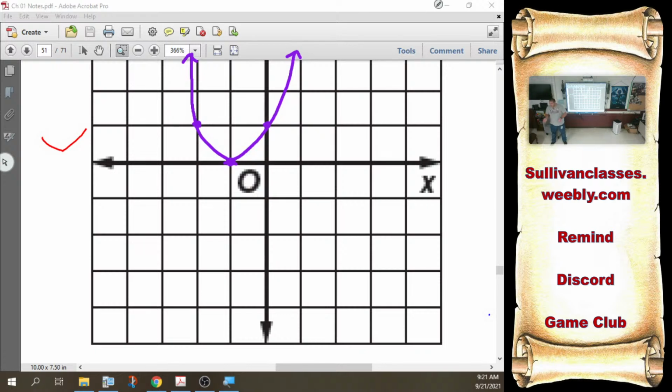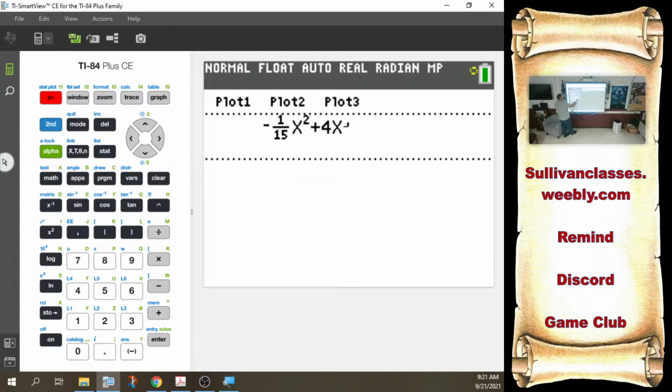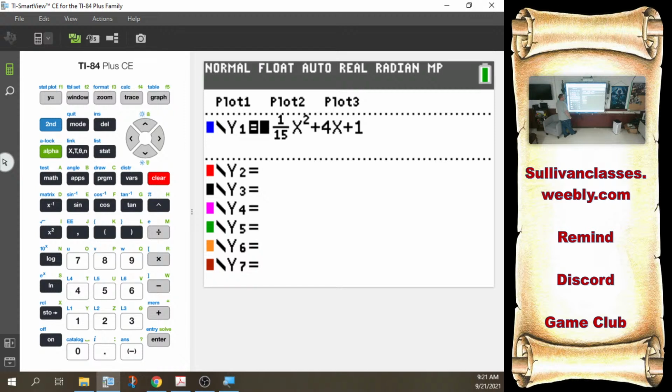Give me a sec. It's supposed to have a little point to it. Looks like a parabola.